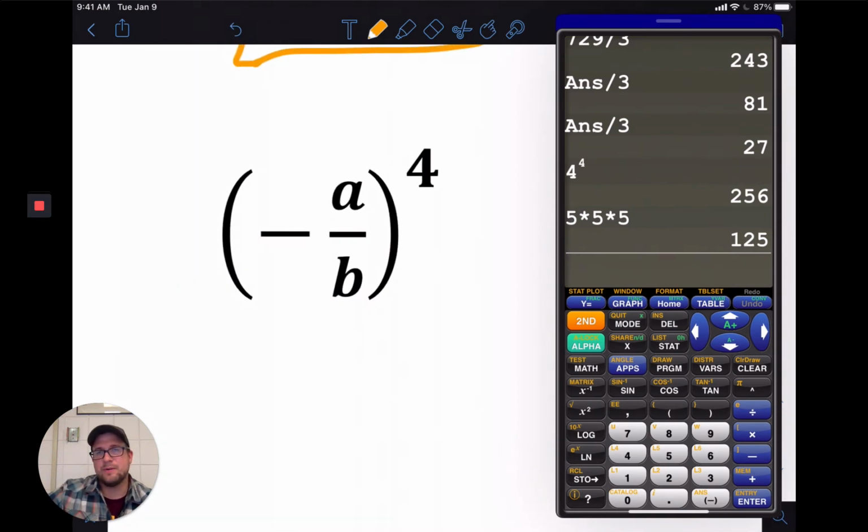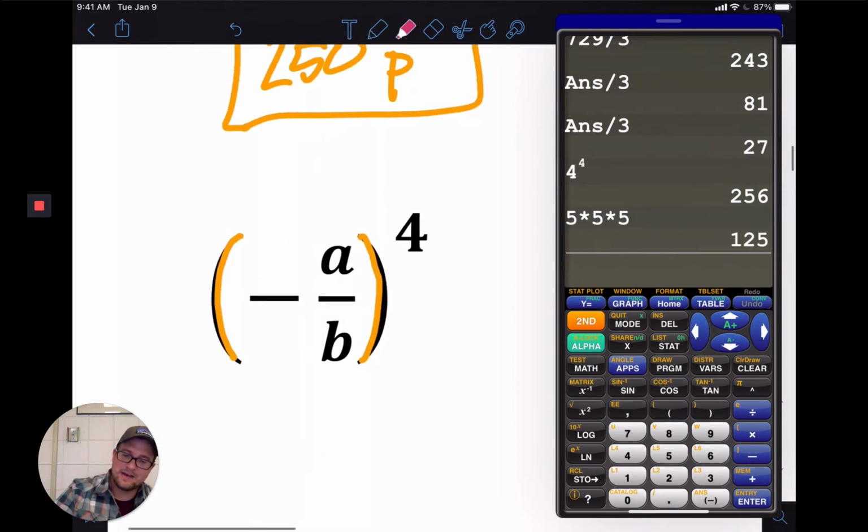Looking ahead at the next one, we have negative AB all raised to the fourth. Again, whenever you see parentheses, ladies and gentlemen, you can use PMME. Now, we got to be a little careful on this one. There's a lot going on here. First thing that I notice is I see that I have this negative in front here. So what I want to do with that negative is slide that up in front of the A here.